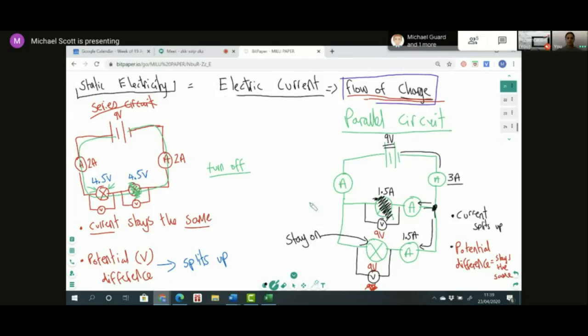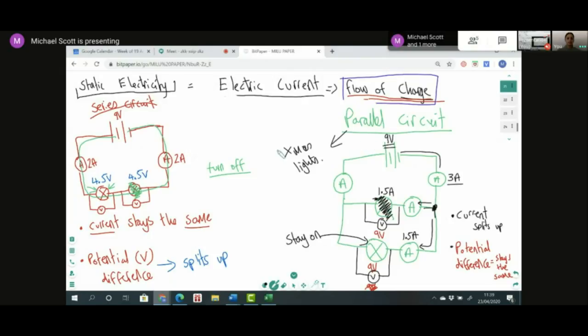And in actual fact, this is how Christmas lights are wired. So when you put your lights around the Christmas tree, nowadays the lights are wired in parallel. And what that means is that if one of those Christmas lights breaks, it won't cause all of them to turn off.